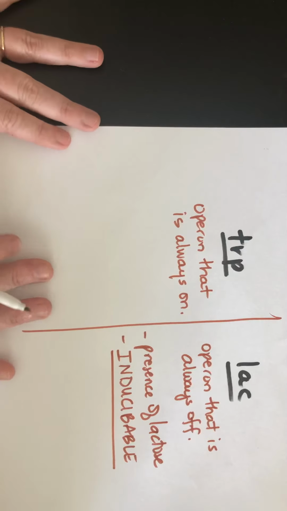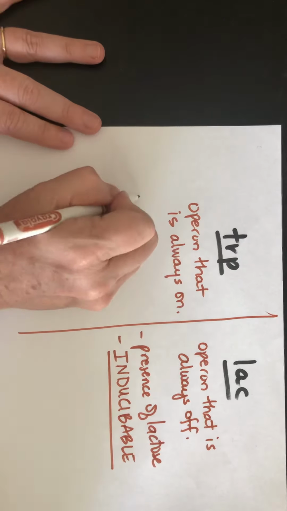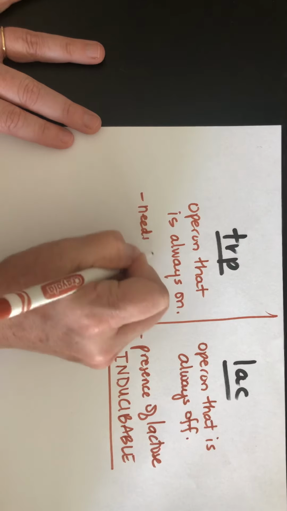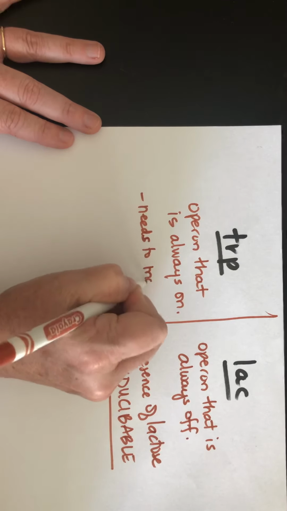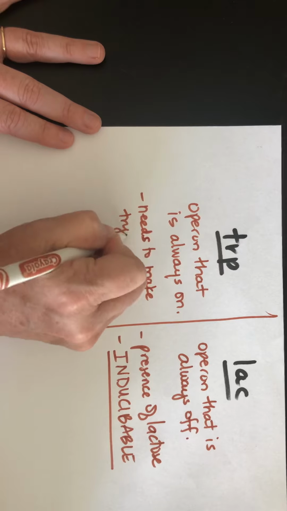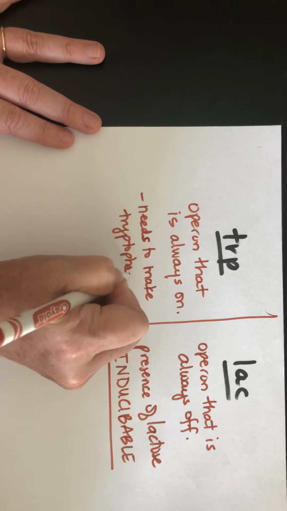The Trp operon is always on, because it needs to make tryptophan.